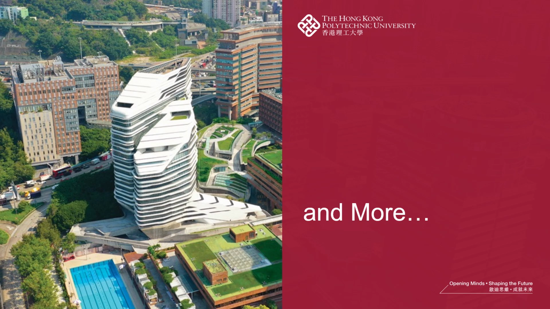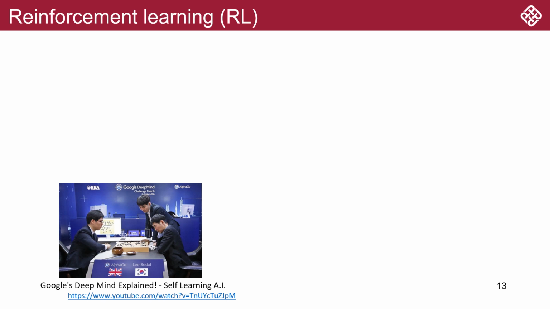Besides supervised and unsupervised learning, there are some smaller subsets of machine learning, for example semi-supervised learning and reinforcement learning.